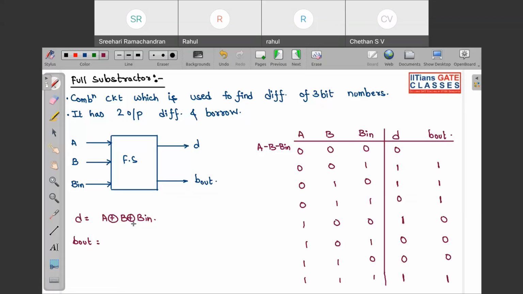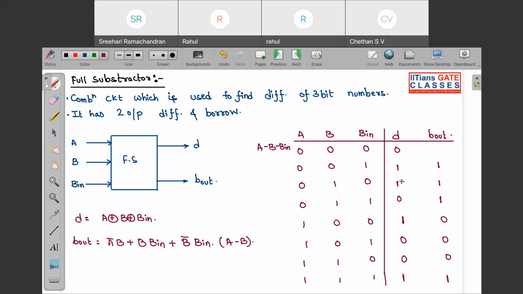See, when you do A minus B, B out will be A complement B plus B in plus B complement B in. So remember this. Whenever you do A minus B, borrow will come only when A is 0 and B is 1, or when both B and B in are 1.